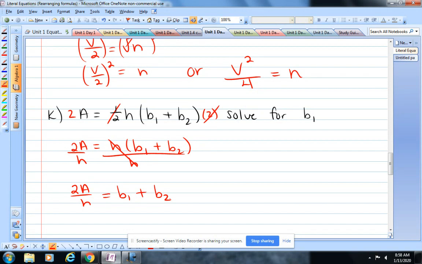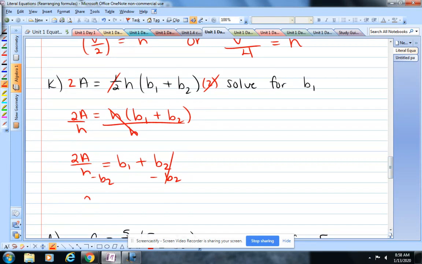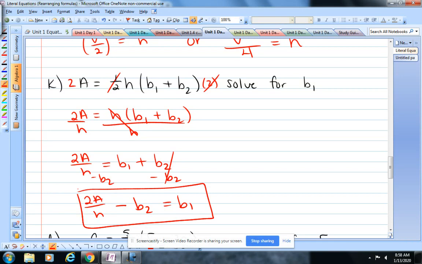So how do I get rid of B2? Y'all are getting it. Y'all just aren't sure of yourselves. Y'all just not confident yet. Y'all can do it. So 2a divided by h minus B2 equals B1. And you're done. Once you get the variable by itself that you're solving for, you're done.